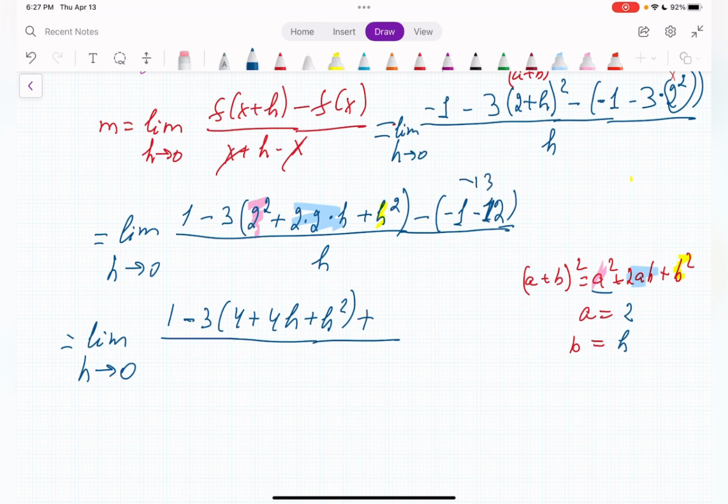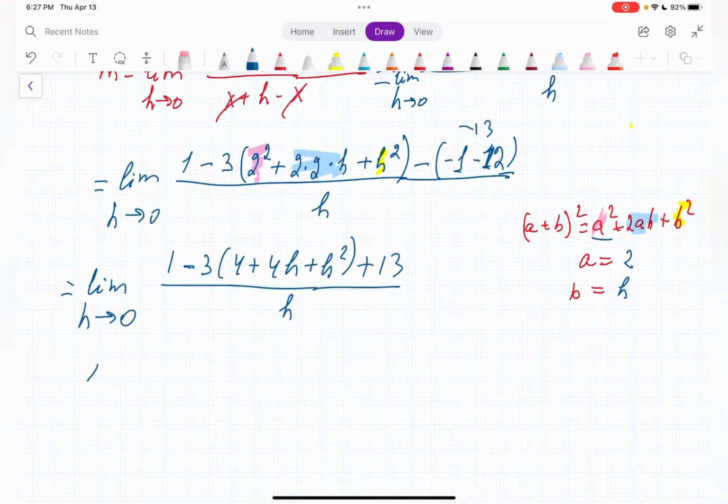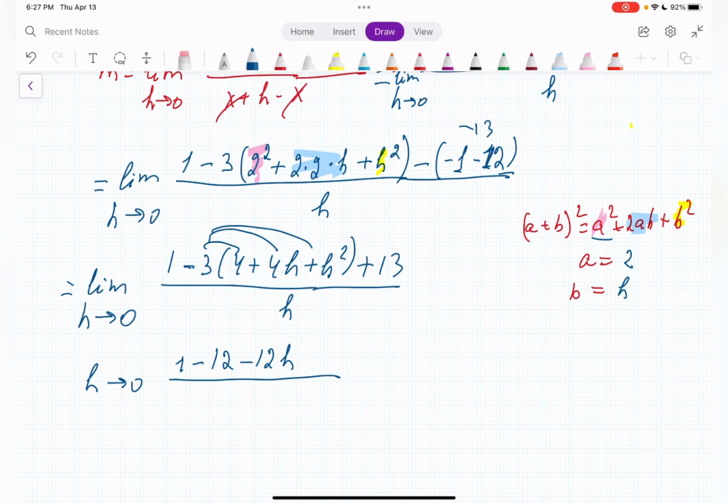So it's going to be plus 13H. As H approaches 0, 1 minus 12 is negative 12. Negative 3 times 4H is negative 12H. Negative 3 times H squared is going to be negative 3H squared, plus 13.